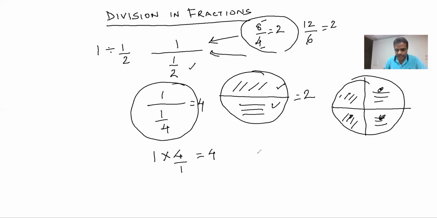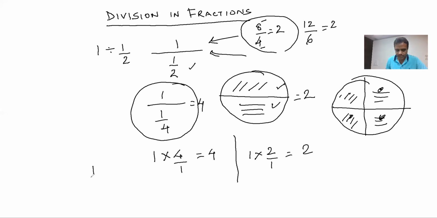Similarly, in this case, take the numerator 1, put the multiplication sign, and reverse the fraction in the denominator. The answer is 2. And this is how we try to solve any complex fraction division.